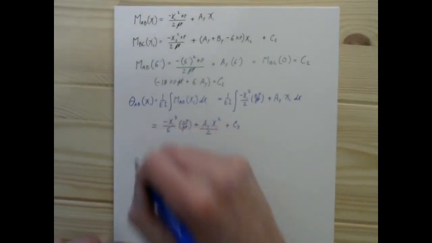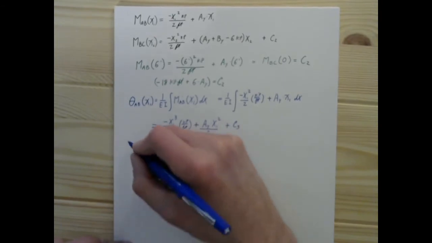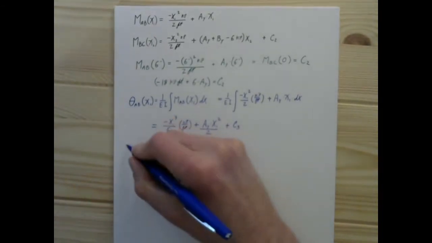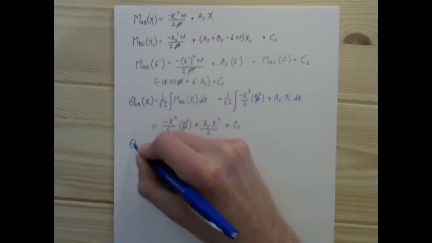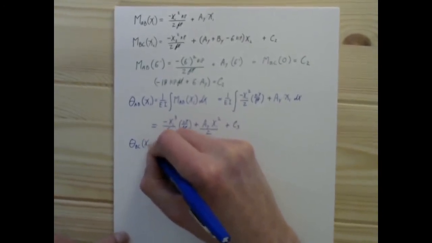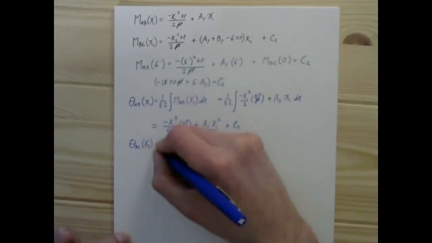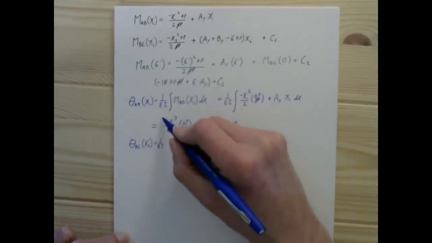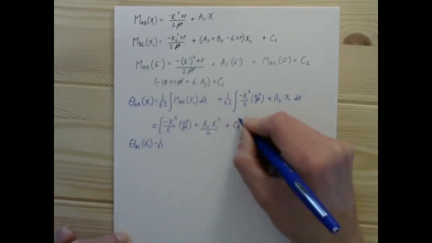Okay. Now, let's look at the other rotation, the rotation from B to C. That's going to be a function of x2, and that's going to be equal to 1 over EI. Oh, hey, look at that, I forgot C3 up here.